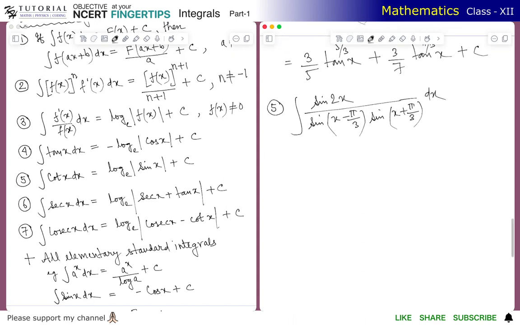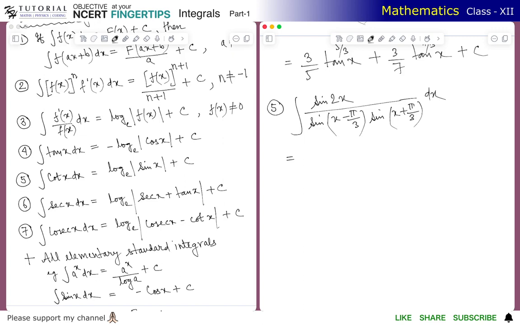Okay, now in general the approach is, when you have some trigonometric functions, sine or cos, in a product form in the denominator, and you have a single trigonometric term, sine or cos, in the numerator, the standard approach is to split the angle of the sine or cos of the numerator with the angles of the sine and cos terms from the denominator.